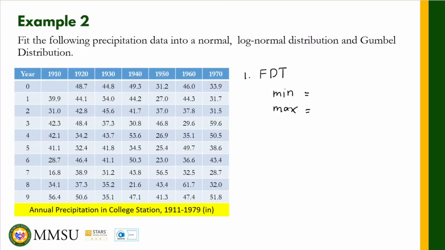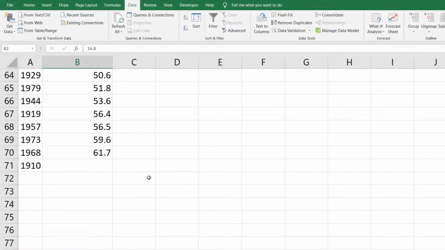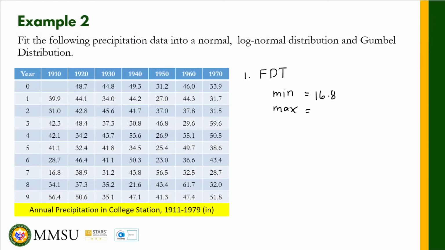The minimum is 16.8, and the maximum is 61.7. Okay, I now have the minimum and the maximum values of the given data.